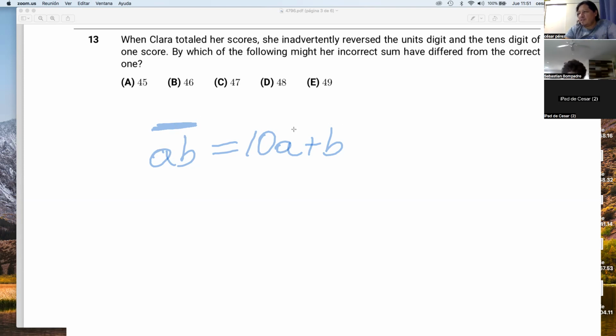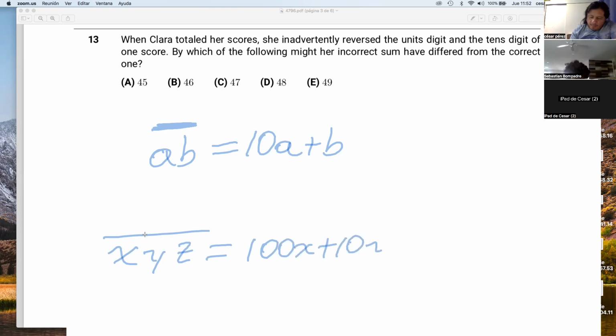Do you understand this idea? Yeah. Okay, now for example, if we have X, Y, Z, and a line over them, what does this mean? How are we going to translate this? 100X plus 10Y plus Z. Sí, okay.